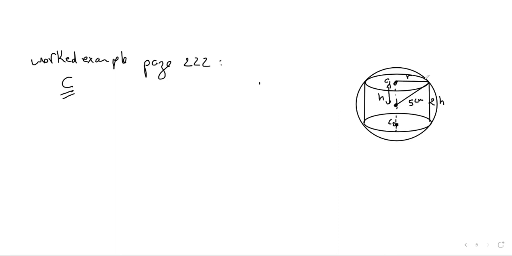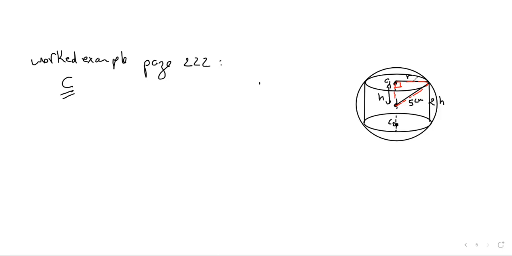So r is the radius of the circle, h is this part. If you focus a little bit on this diagram, you will see that I have a right-angled triangle here. Last year you normally studied how to solve problems in three dimensions.